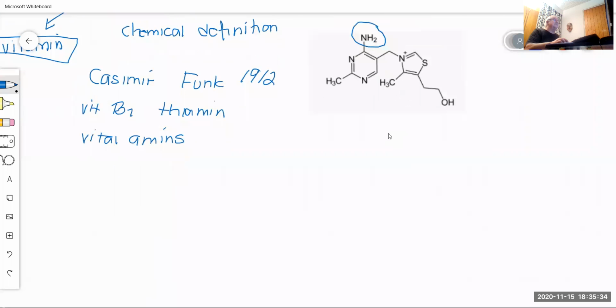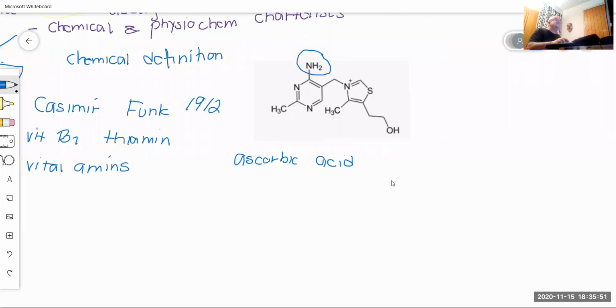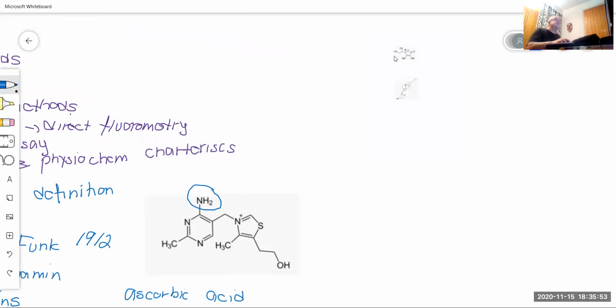We have quite similar things also with, let's say, ascorbic acid. I have the structure here.